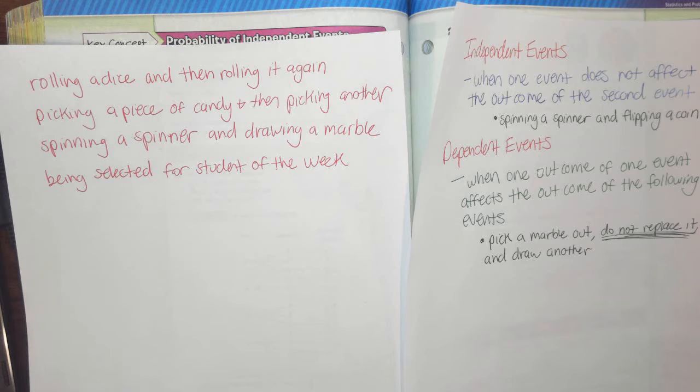You have to think about it as once you've been picked for Student of the Week, they're not going to pick you again that year. So your name is taken out of the drawing for the next week almost. So that's dependent because let's say Mia got Student of the Week, and once Mia gets Student of the Week, Mia can't get it again, so then everybody else is left as the other option. So dependent.